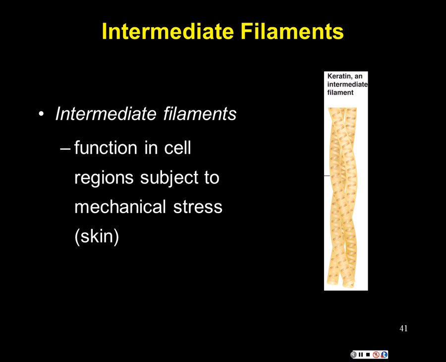And we also identified that the next level of size-wise of our proteins are called intermediate filaments. We'll talk about some this semester, but not too much really. But you're probably most familiar with these at the surface of the skin and also the protein in your hair called keratin. That is an intermediate filament.